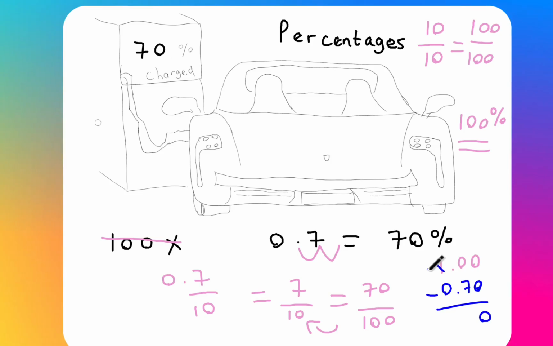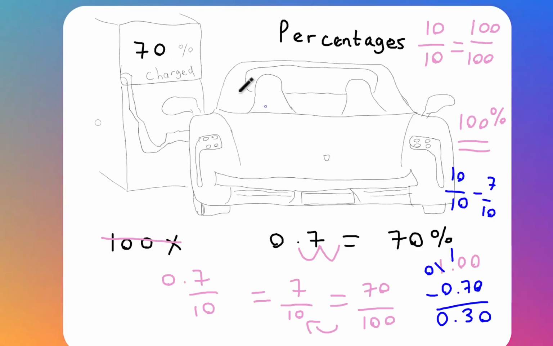Let's cross this off, change it into a 0, and we're going to bring this over into the tenths. So we're going to say 10 tenths, which is the same as saying 10 over 10, take away 7 tenths. So we're basically taking 7 tenths away from 10 tenths. It's the same thing. And we get 0.3.